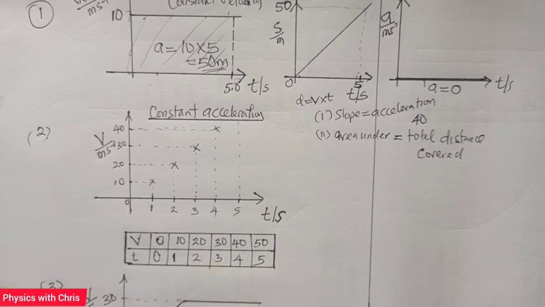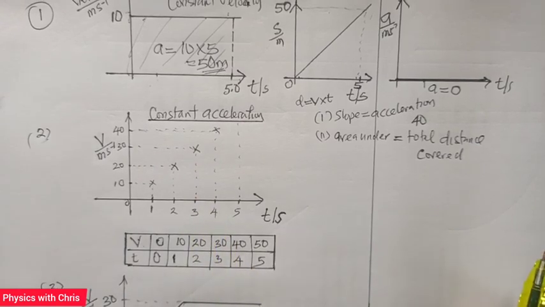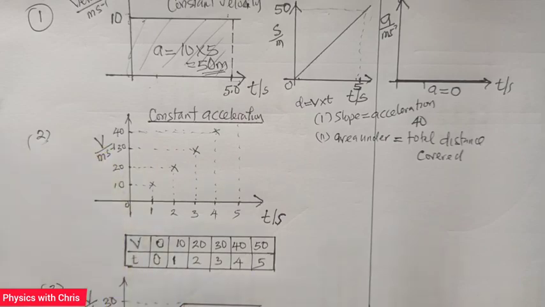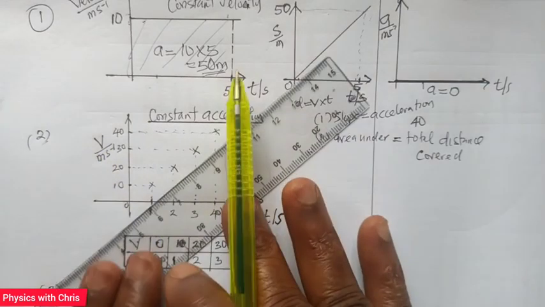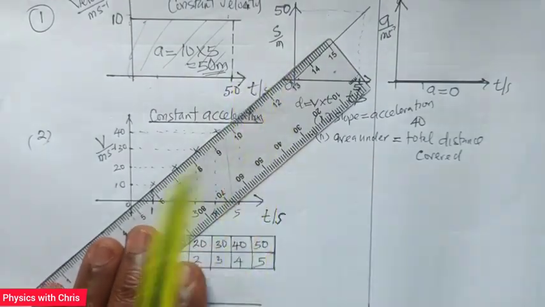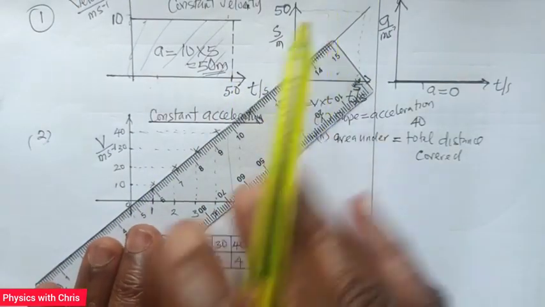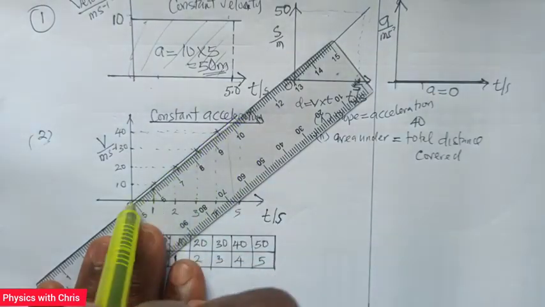After 2 seconds, the body is moving at a velocity of 20 meters per second. After 3 seconds, the velocity is 30 meters per second, and so on. If I translate this to the graph of velocity versus time, I have these plots. When I join these plots with a line, it gives me a straight line graph starting from the origin.